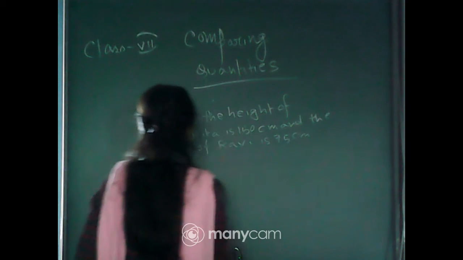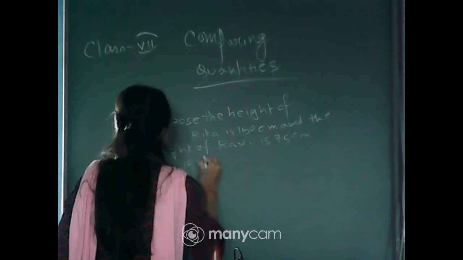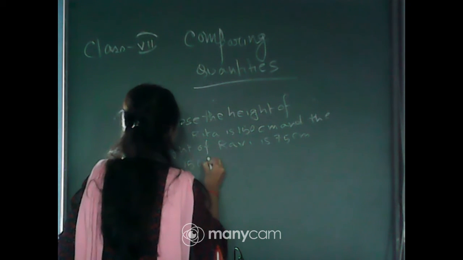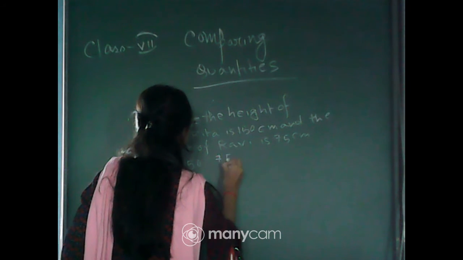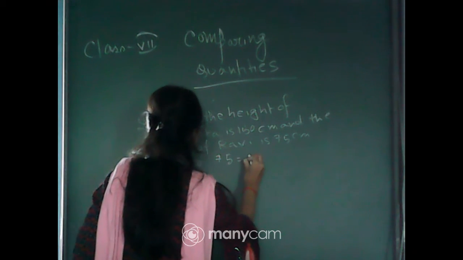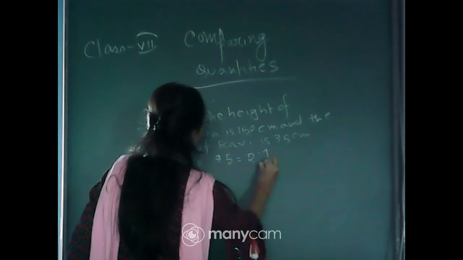Therefore, the ratio of their height is 150 is to 75, that is equal to 2 is to 1.